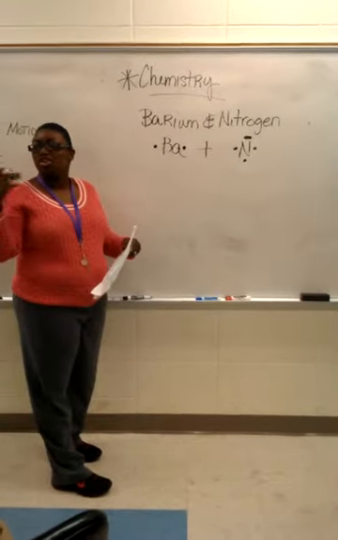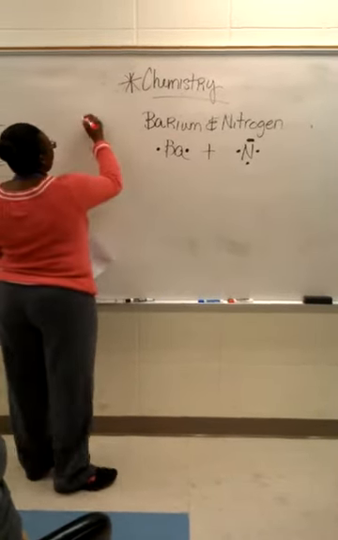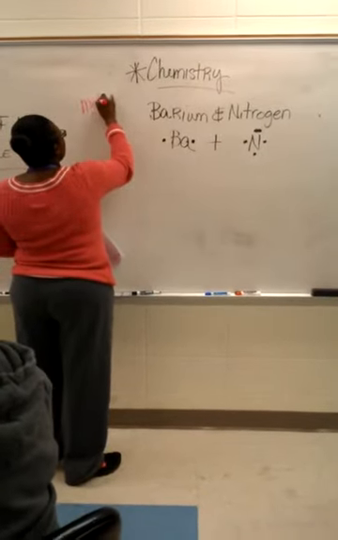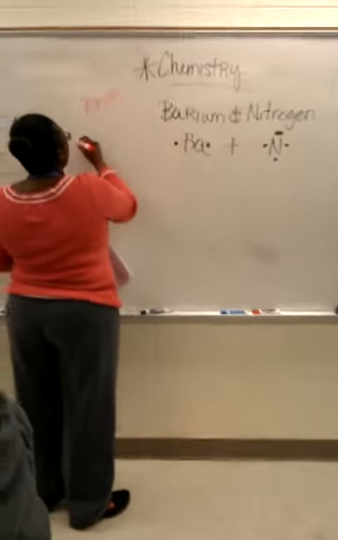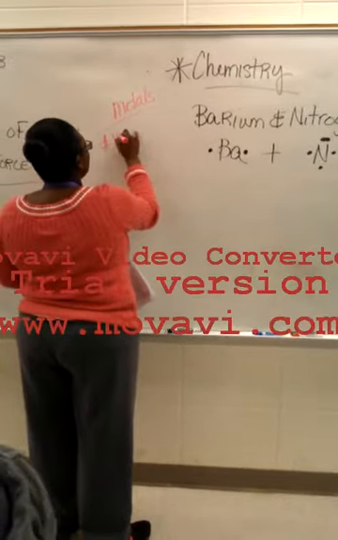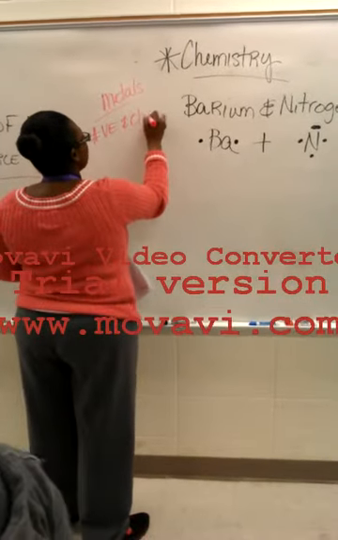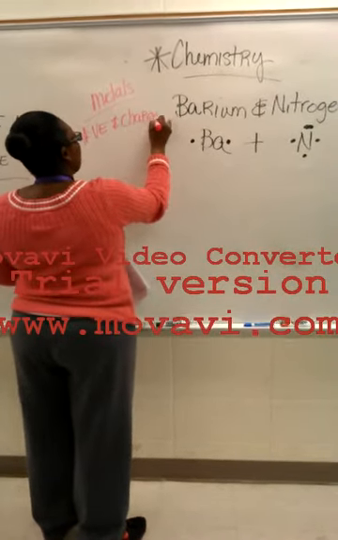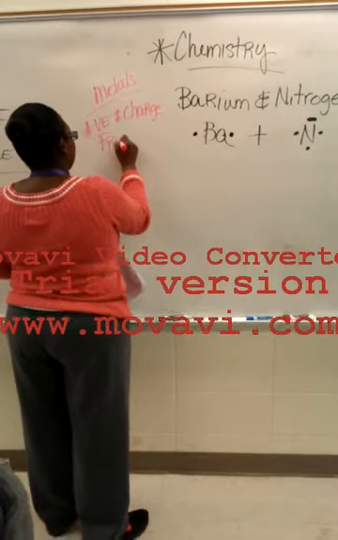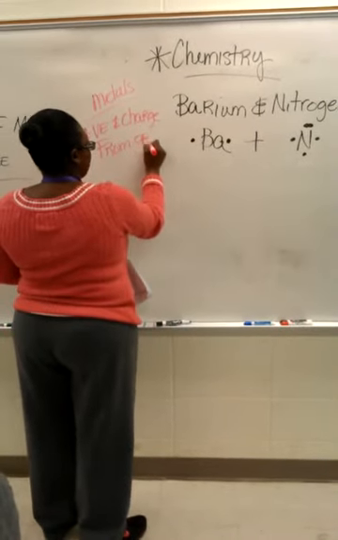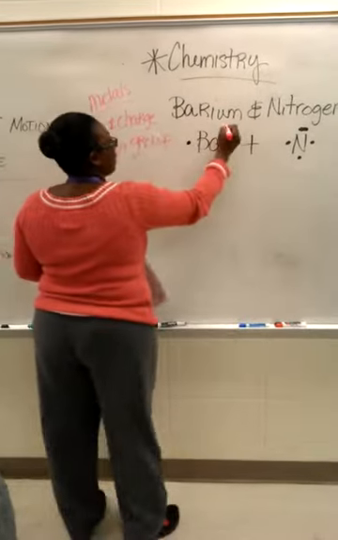It's given by the group number, right? So write this down. Make sure you remember metals. You get the number of valence electrons and the charge from the group number. So it's going to be 2? Yes. Plus 2. Very good.